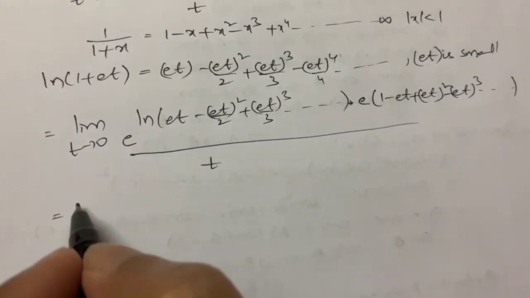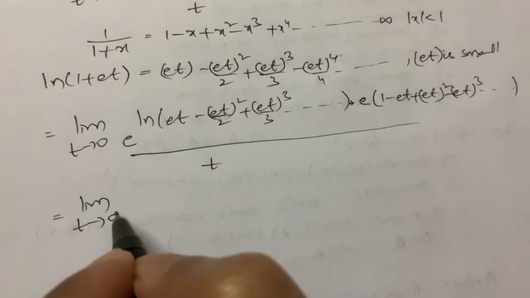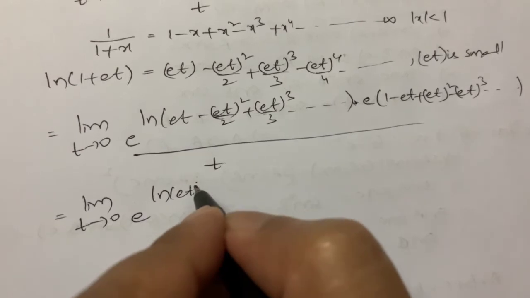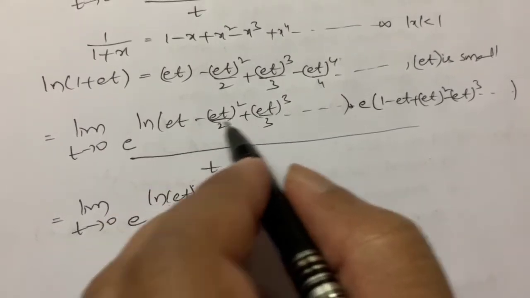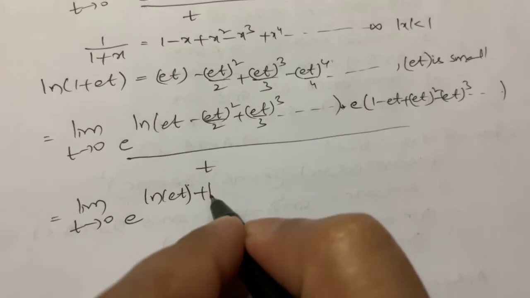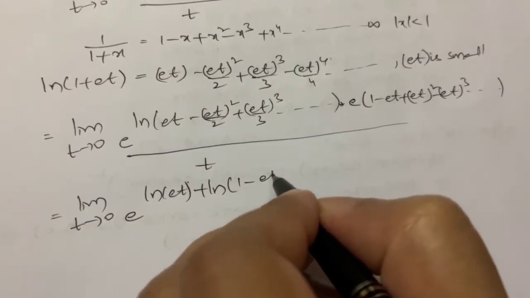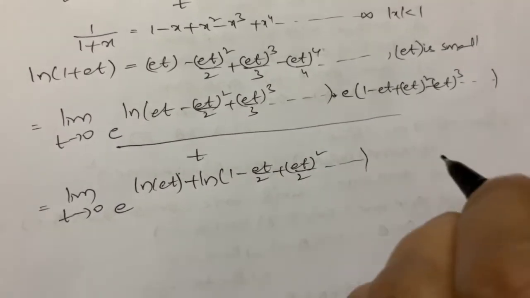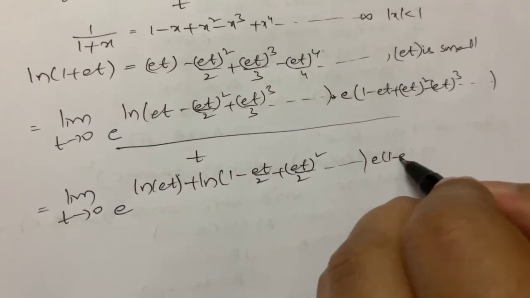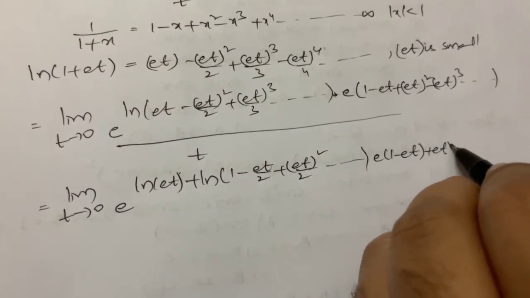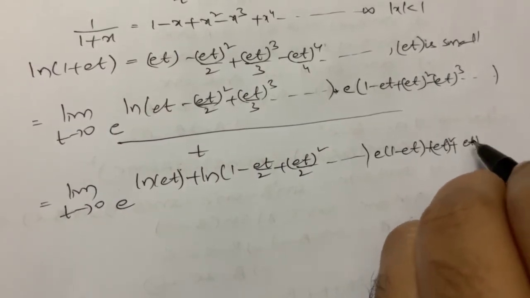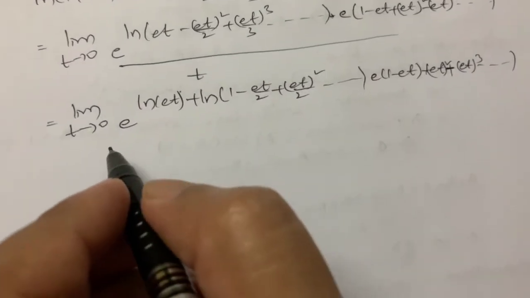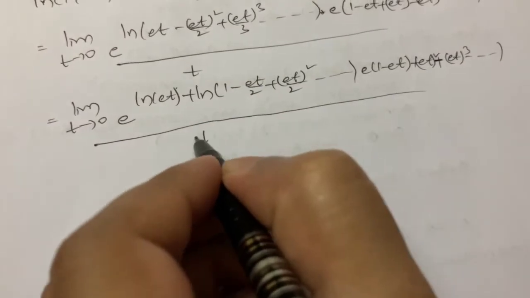Here we can take et out, since ln(ab) is ln a plus ln b. So this is et times (1 − et/2 + (et)²/2 and so on) into e into (1 − et + (et)² − (et)³ and so on) by t.